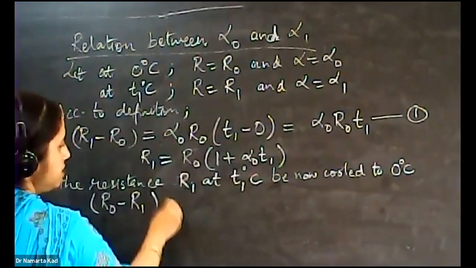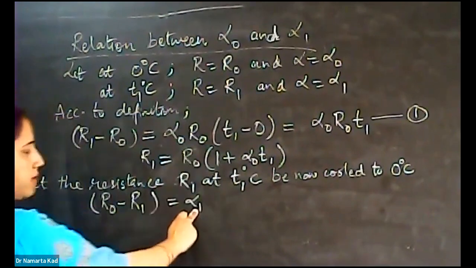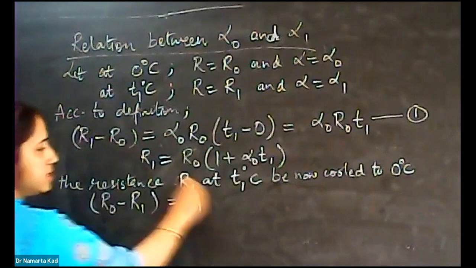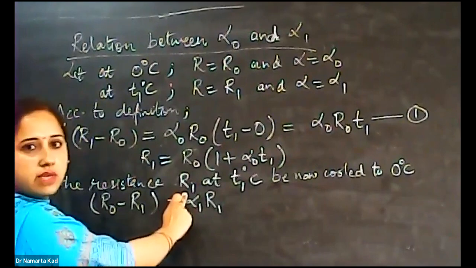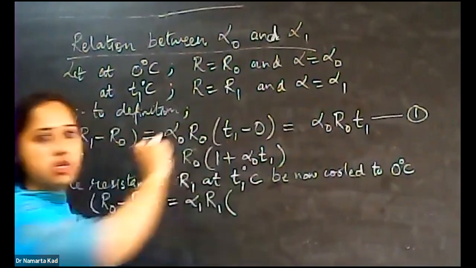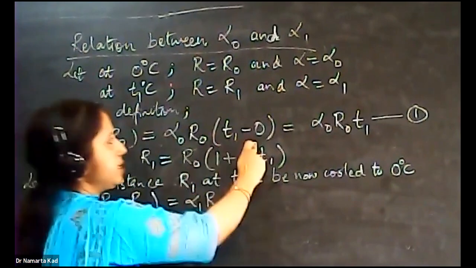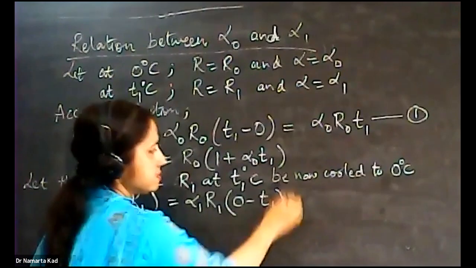in the same way, alpha 1. Now there comes alpha 1. What is the original resistance now? It is R1 because the initial temperature is T1. And what is the change in temperature now? Initially it was T1 minus 0, now it comes out to be 0 minus T1.